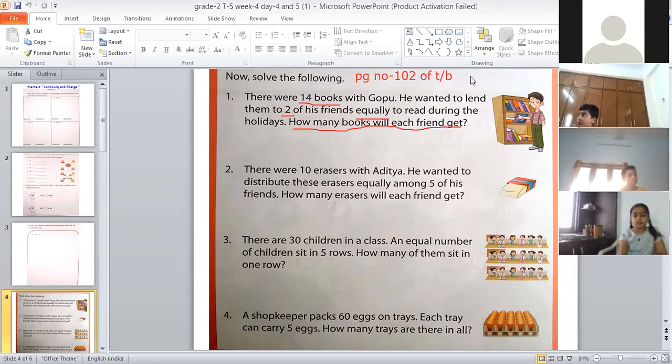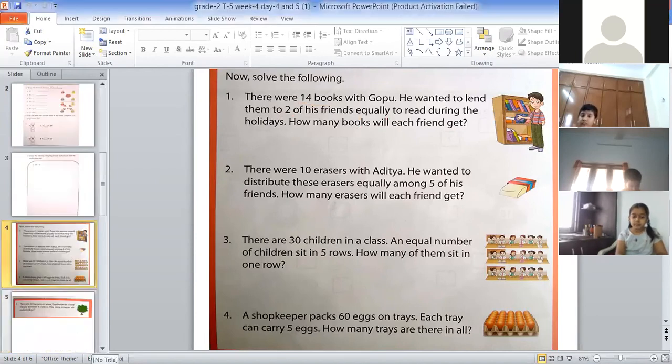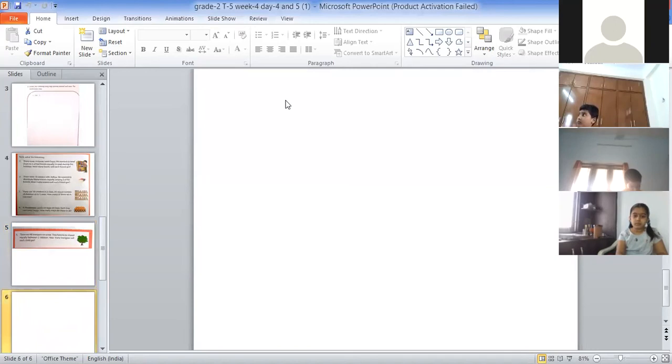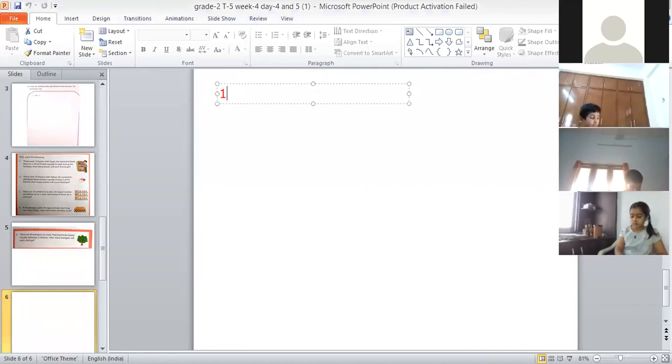I repeat, this is page number 102 of your textbook. You can write these questions in your notebook later on, but no need to write them right now. Children, now we will be solving this question in your math notebook. After adding date and classwork, leave one line and write question number 1 and we'll start writing.